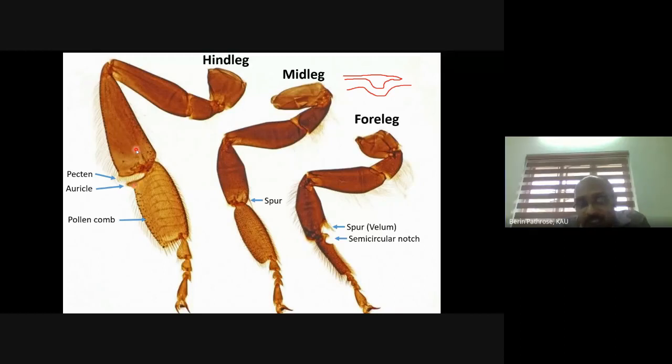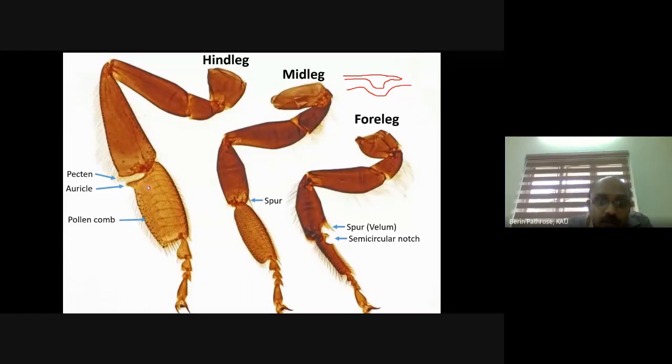So between the tibia and the basic tarsal segment, we have a pollen press, and inside the pollen press, the tibia is having hair-like pecten, and the basic tarsal segment is having a small lobe-like projection called the auricle, and the basic tarsal segment is having numerous rows of hairs.